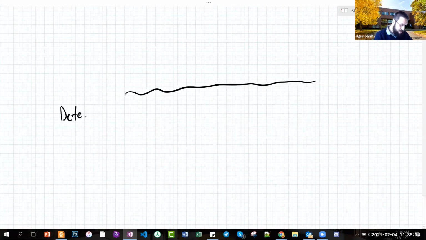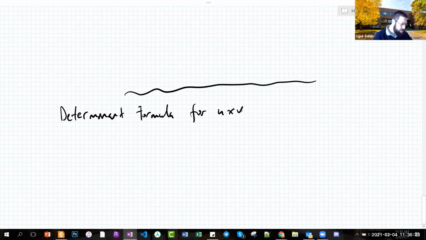So the determinant formula for u times v. This time, I would like to have a determinant formula, but I want a component form for u times v.